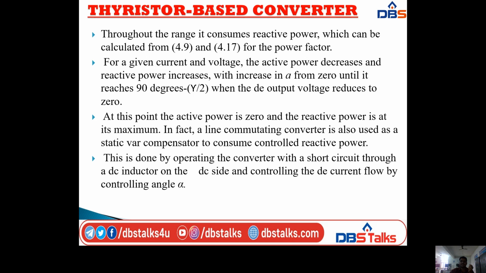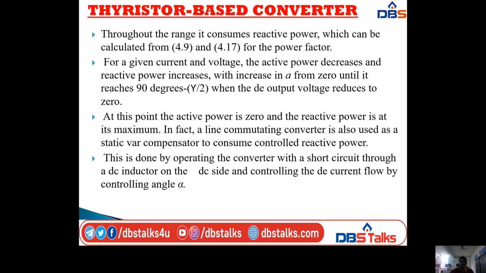So for a given current and voltage, the active power decreases and the reactive power increases with increase in alpha from 0 until it reaches 90 degrees minus gamma by 2, when the DC output voltage reduces to 0. So at this point the active power is 0 and the reactive power is at its maximum.